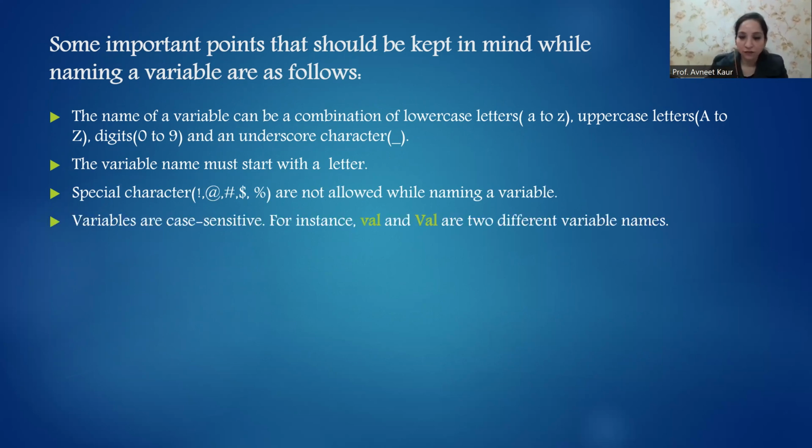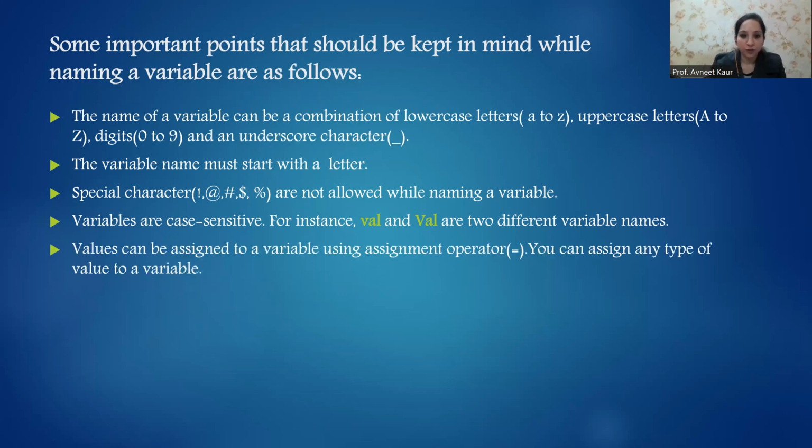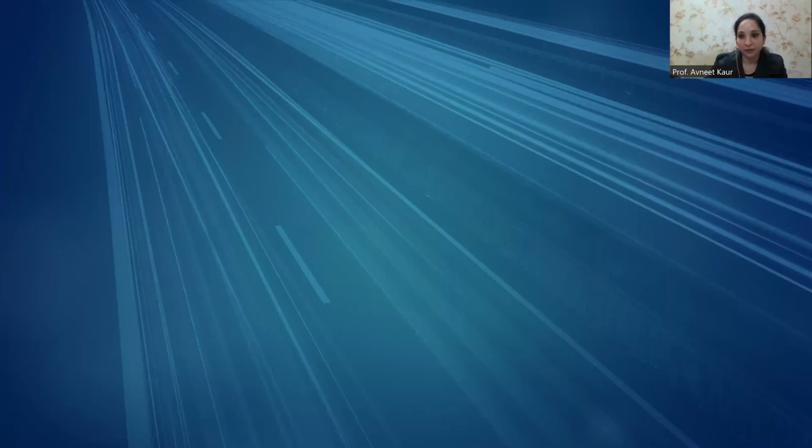Variables are case sensitive. For example, all lowercase val and capital VAL, as you can see on the slide, are two different variable names. Values can be assigned to a variable using the assignment operator, equal to. You can assign any type of value. It could be an integer, a float, a string, characters, or any value to a variable.